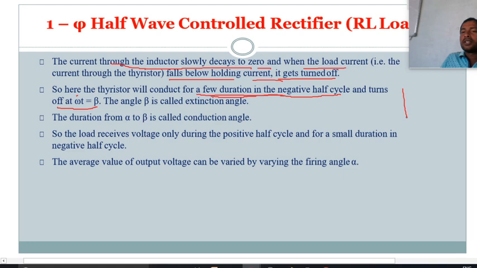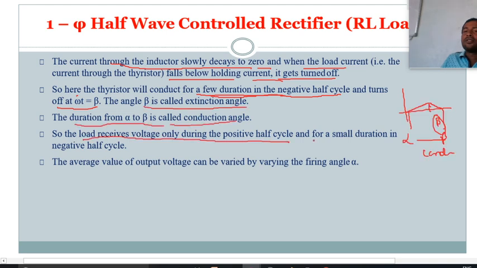So the load receives voltage during the positive half cycle, and for a small duration in the negative cycle also. So the output voltage will exist for the positive half cycle, and also for a small duration in the negative half cycle.